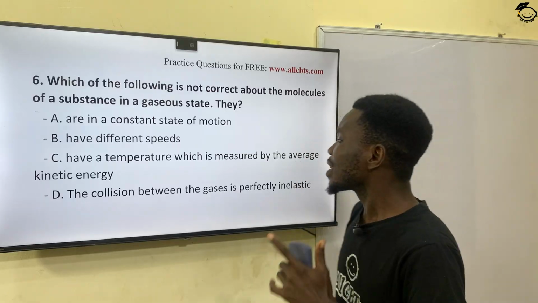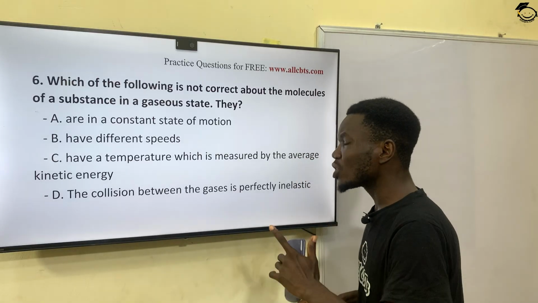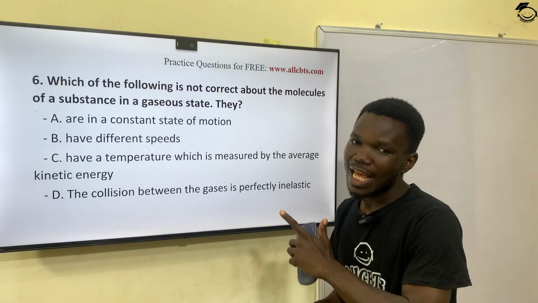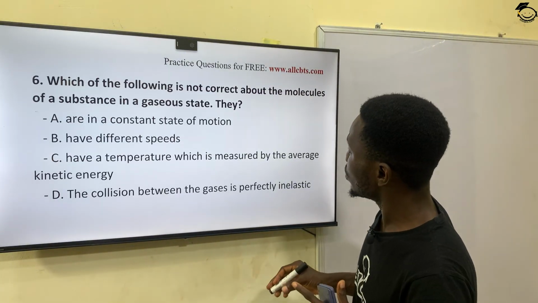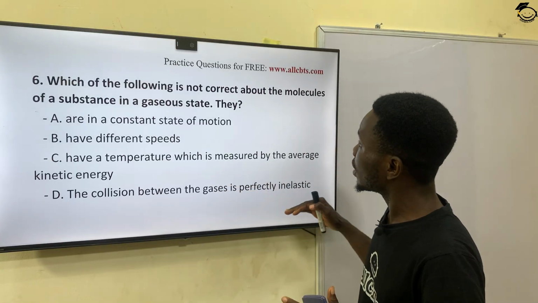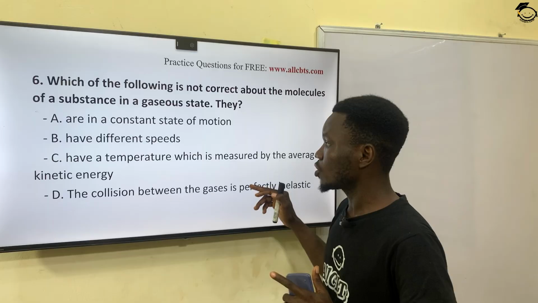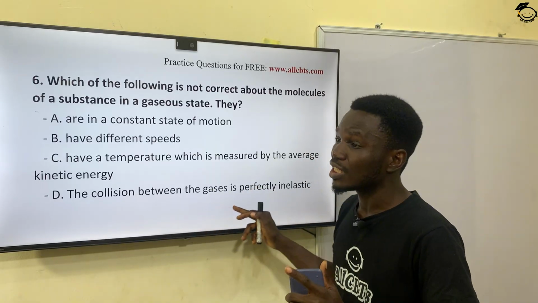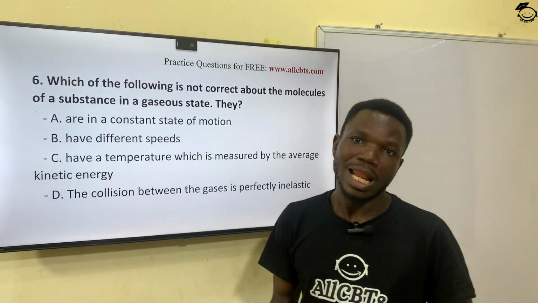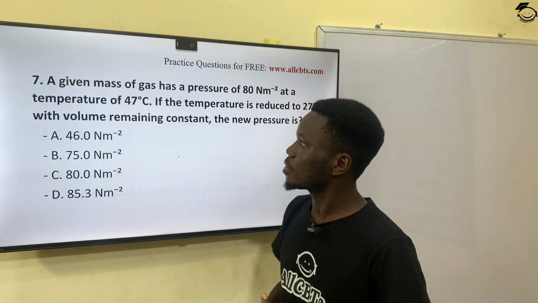And also, the collision is perfectly elastic, not perfectly inelastic. So the correct answer, the one that is not a characteristic of substances in a gaseous state, is option D, because the collision is perfectly elastic instead of perfectly inelastic. So moving on to the next question.